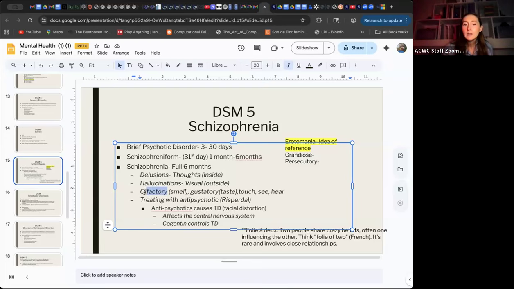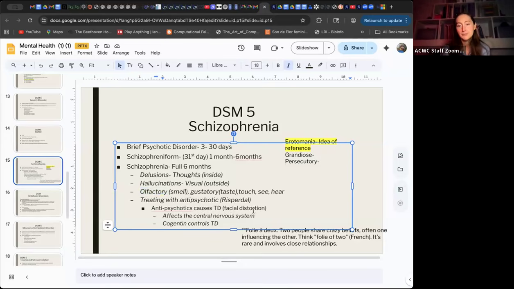So most likely they won't give you the word smell. If someone's having a hallucination with smell, they'll use the word olfactory. Another one to watch out for is that most likely they won't use the word taste. If someone's hallucinating with the tasting, they'll use the word gustatory. I know, some funny words, right? So olfactory and gustatory, okay?